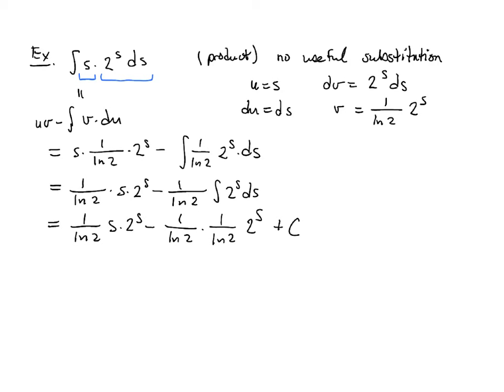And there's a little bit of simplification that we can do. We can factor out a 2 to the s, and we can factor out a 1 over ln of 2. And we're left with s minus 1 over ln of 2.